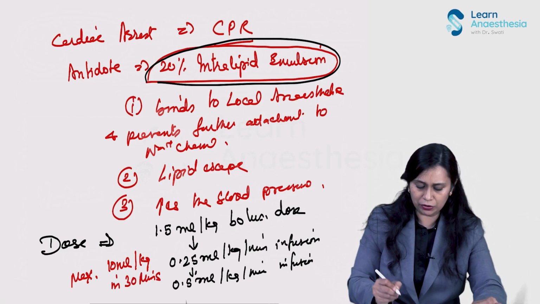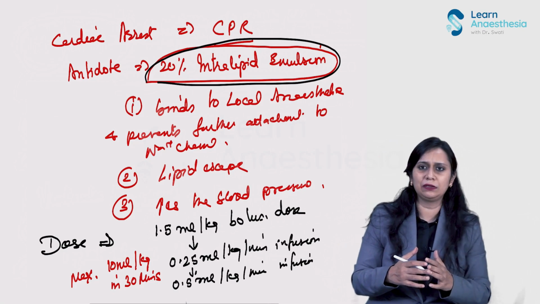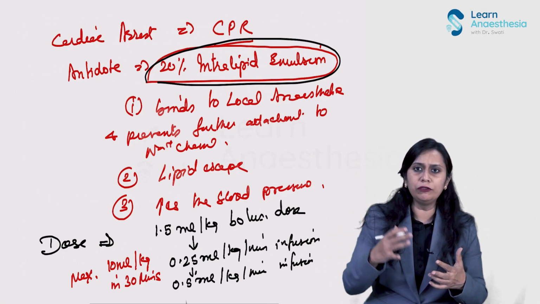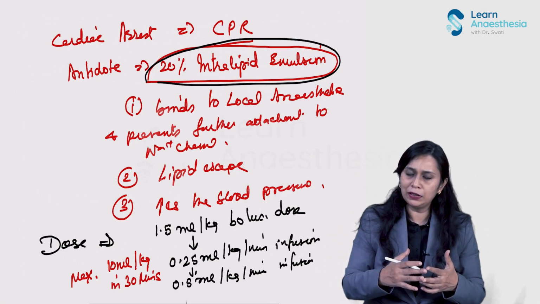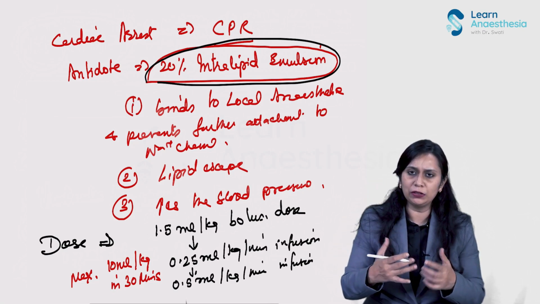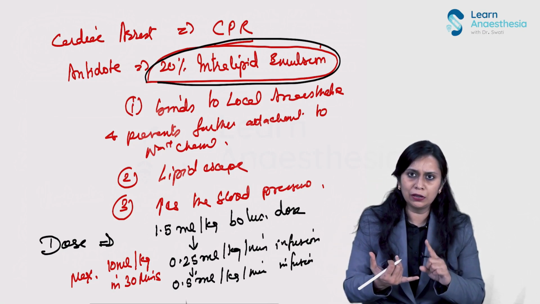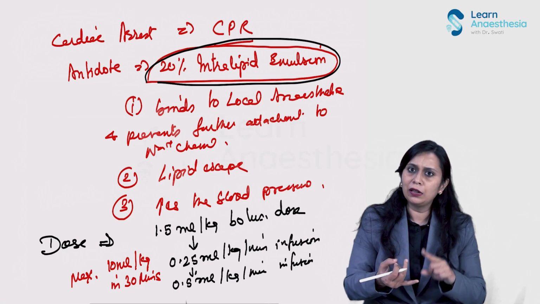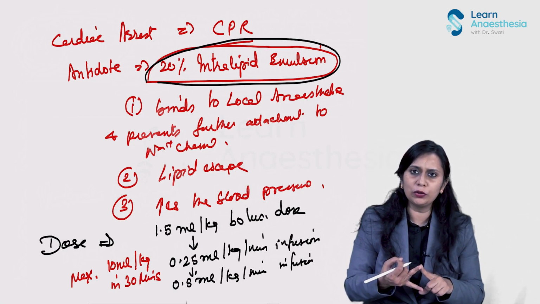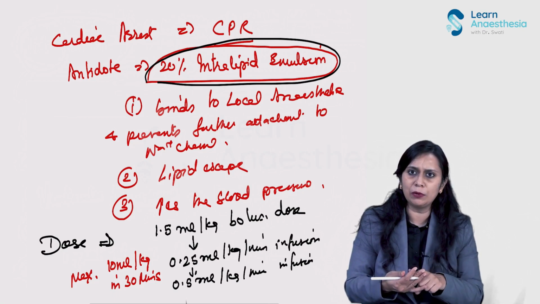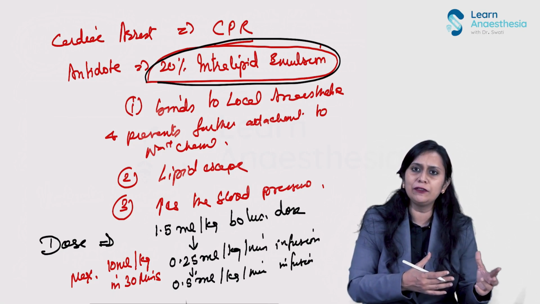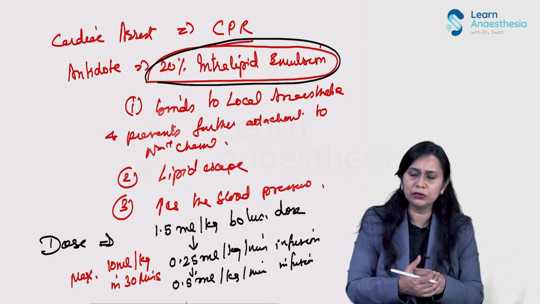This is the recommendation. So, whenever we suspect LAST, we call for help, then we start the symptomatic management. Midazolam, never use sedative hypnotics. Antiarrhythmic, what do we use? Amiodarone is the best. Never use lidocaine or calcium channel blockers. We start an adrenaline infusion to increase the blood pressure, or we can give ephedrine.